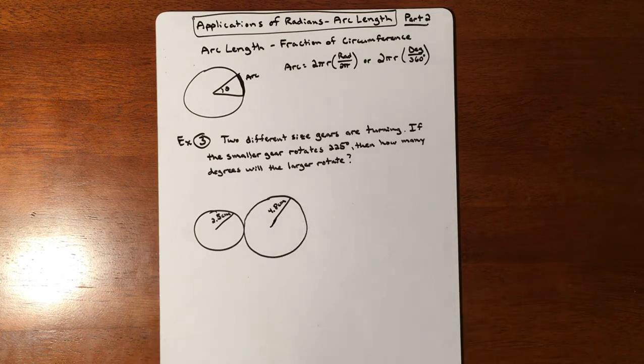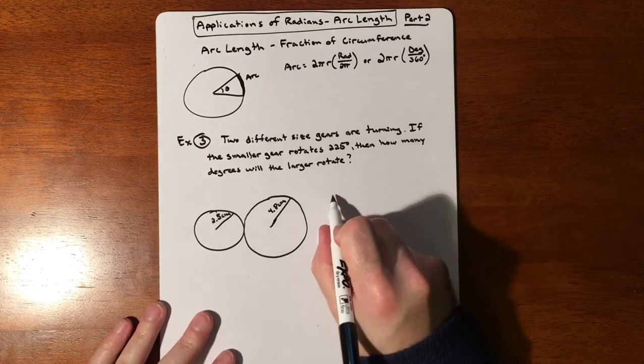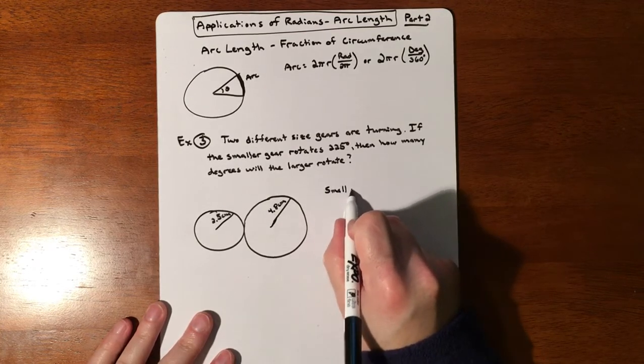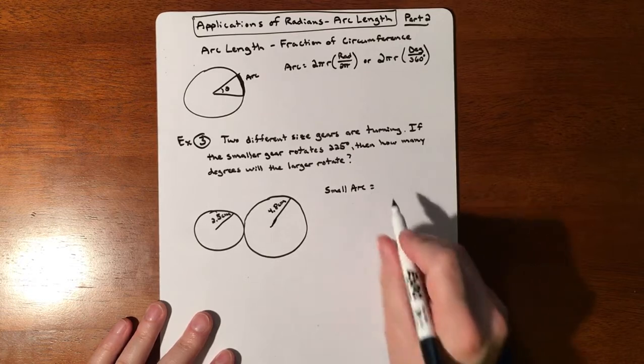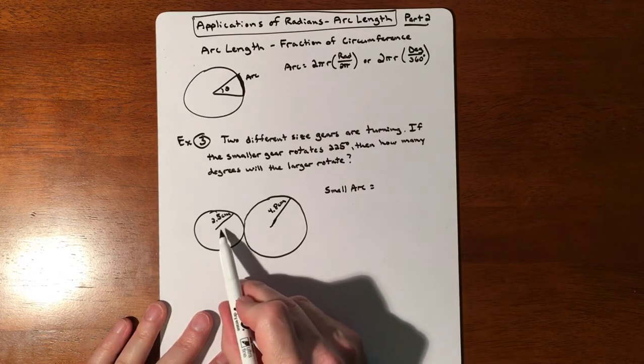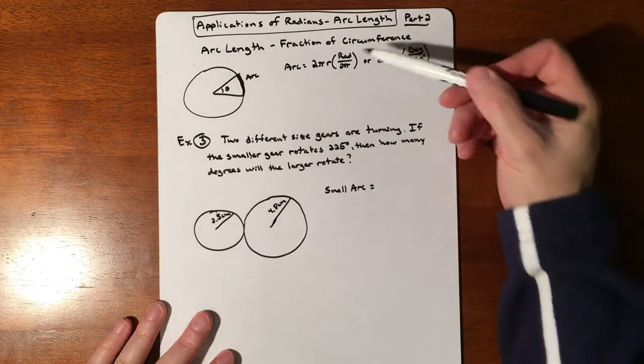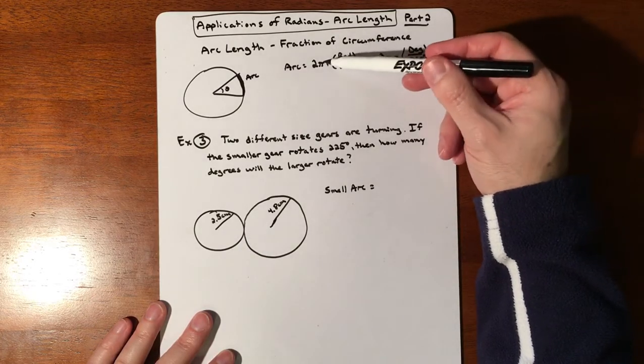So if we just go through this, we'll have the small arc. The small arc is going to be, it rotated 225 degrees. So again, an arc is just a fraction of a circumference.